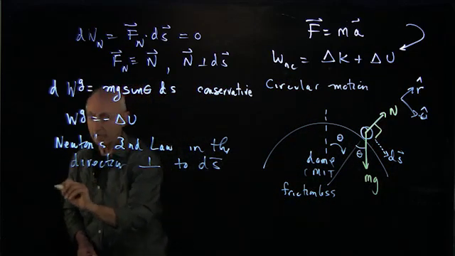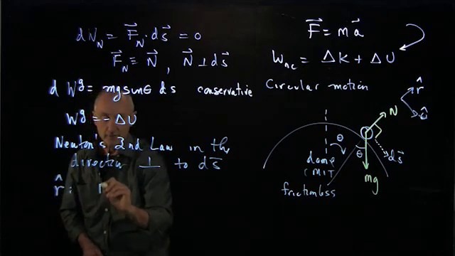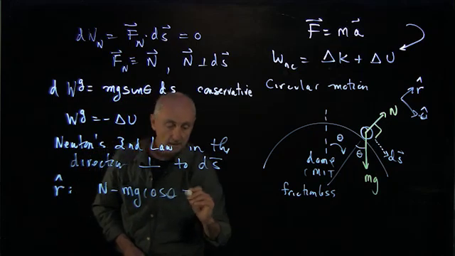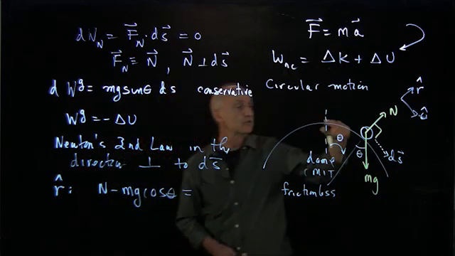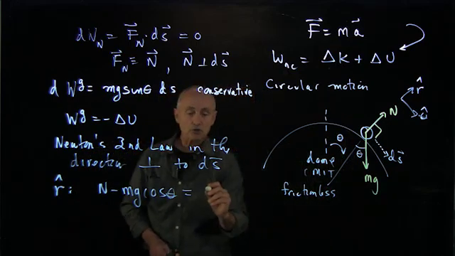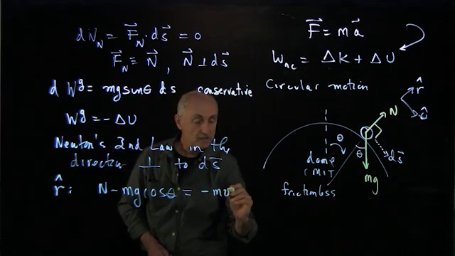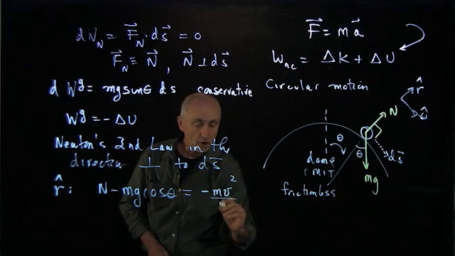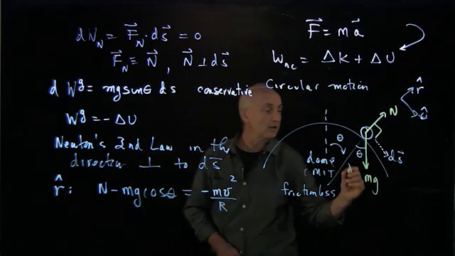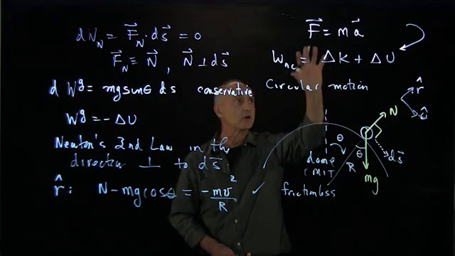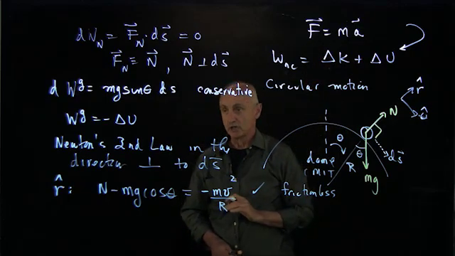And in the r hat direction, we have the normal force minus mg cosine theta, and the object is undergoing circular motion, so it's equal to minus m v squared over r, where r is the radius of the dome. This equation is not at all included in the energy condition.